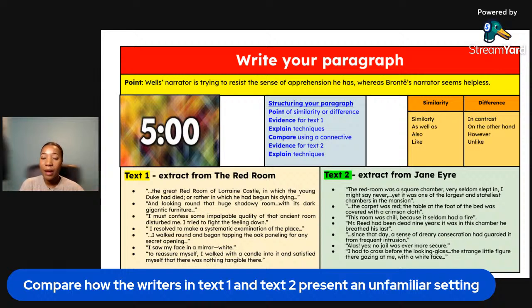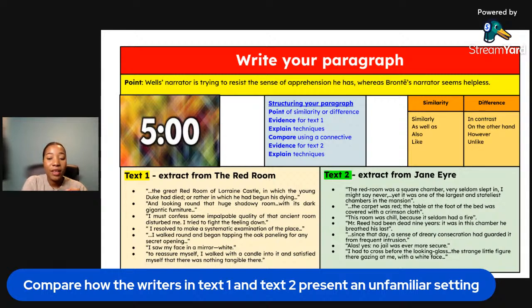Your very first paragraph should always be comparing, either a difference or a similarity. And then you follow the structure: add your evidence, explain, compare, add your evidence, and explain.